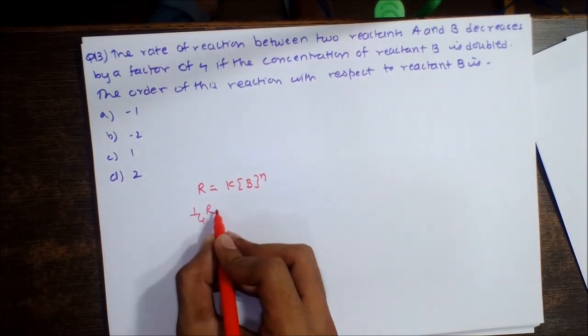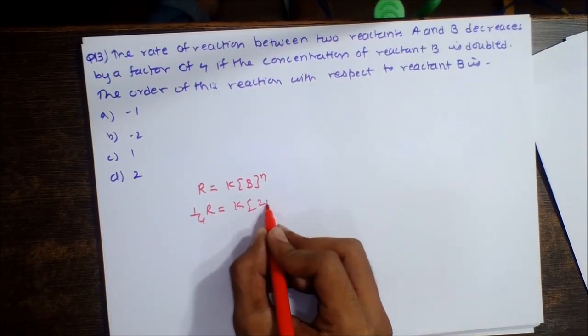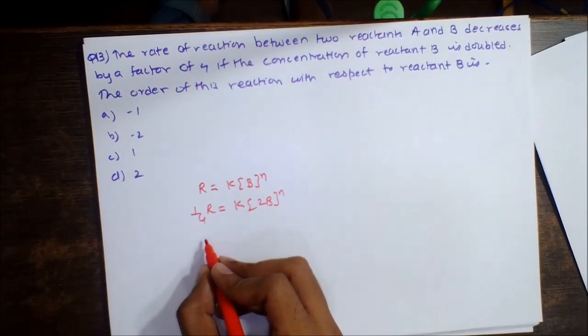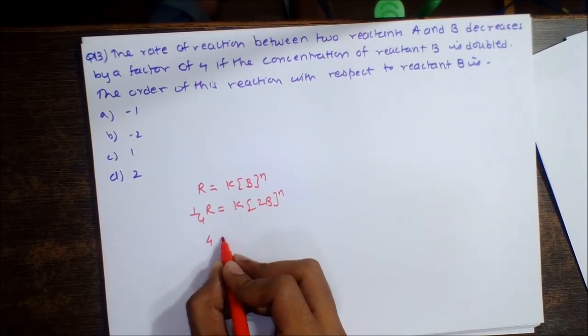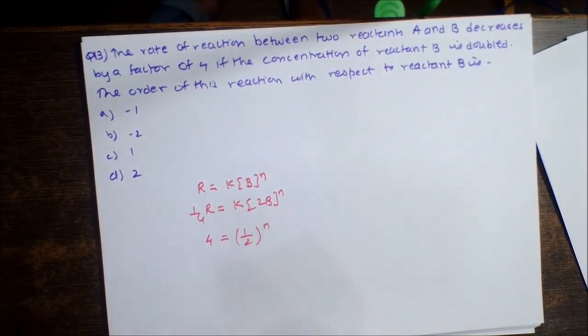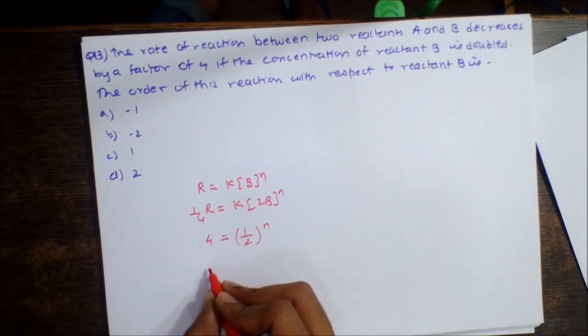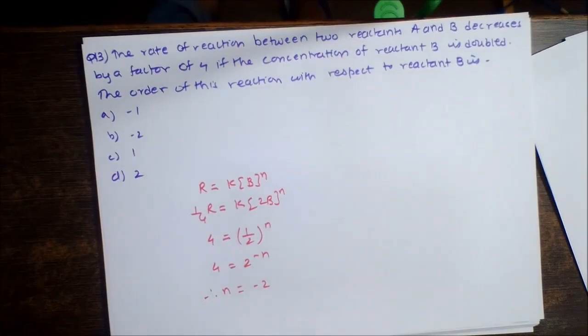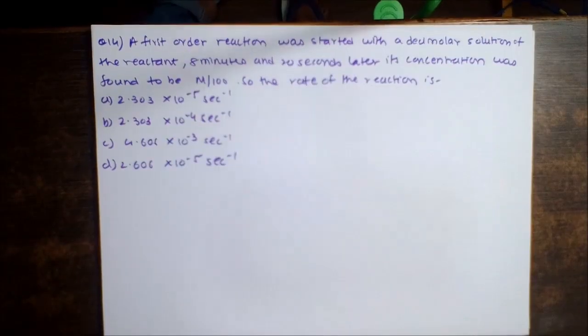Therefore, 1/4 of R would be equal to K (2B) the whole raised to N. On dividing both the equations, 4 would be equal to half raised to N. Therefore, 4 equals 2 raised to minus N. Therefore, N would be equal to minus 2.